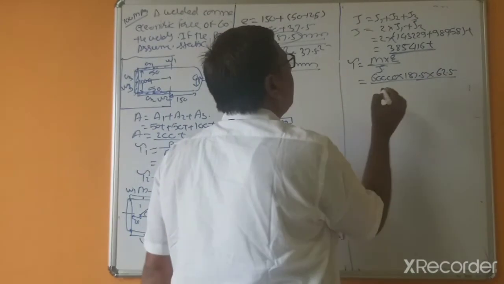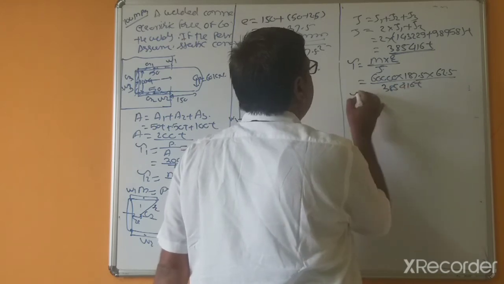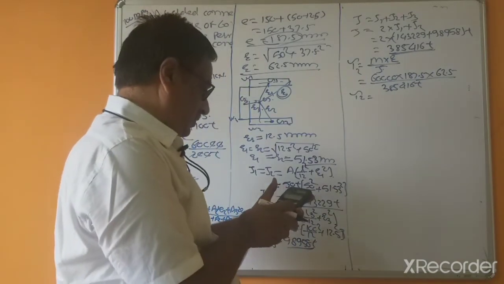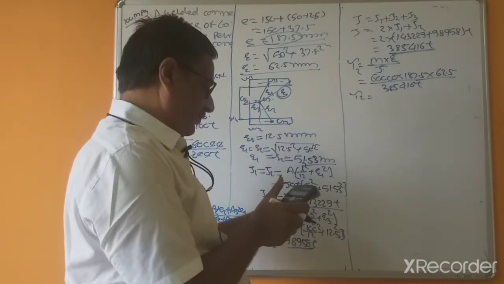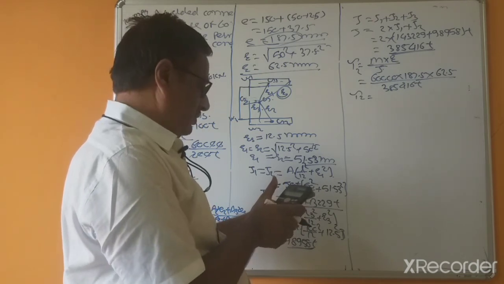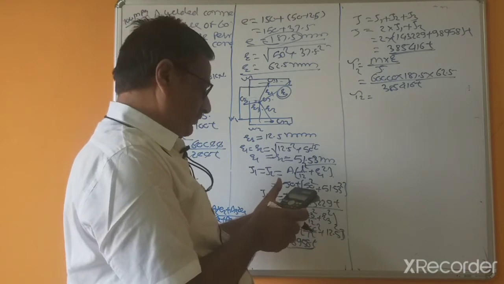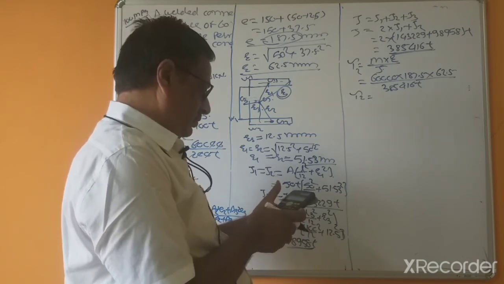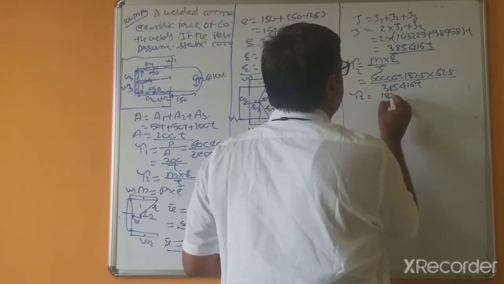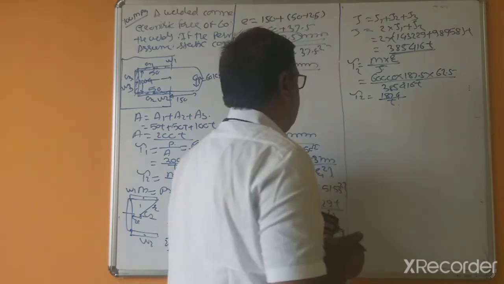J equal to 385,416. So 60,000 times 187.5 times 62.5 divided by 385,416 T gives 1824 divided by T.